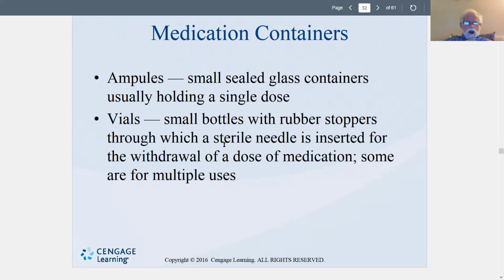These are multiple use. Ampules can be used once because you have to break them open, and they're exposed to air. The seal on a vial will keep a lot of contamination out. There's usually a protocol in place, no matter where you are, as to how long you can continue to use any multi-dose vial.